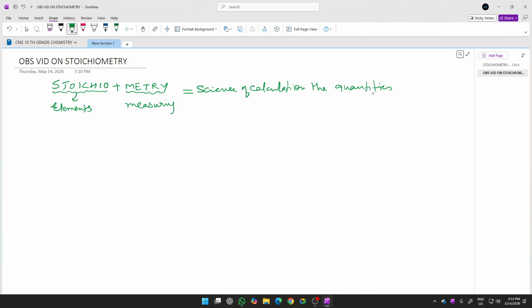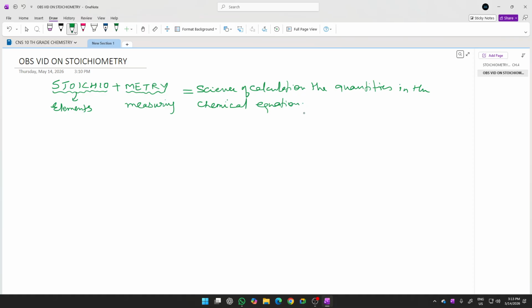Of course, these are the chemical quantities which you will find in chemical reactions, in the form of chemical equations. So this is a science of calculation of quantities in the chemical reaction or chemical equation.